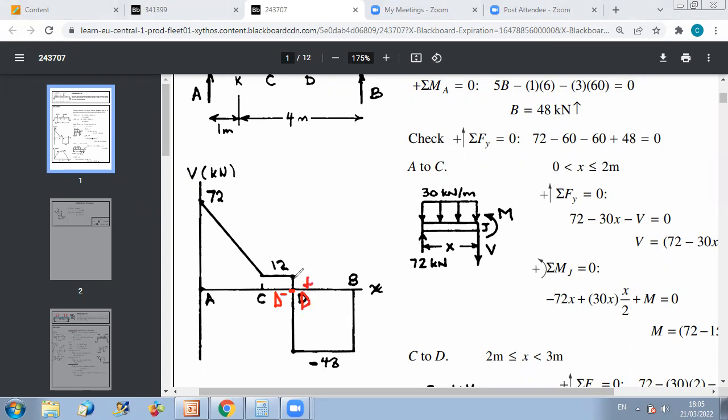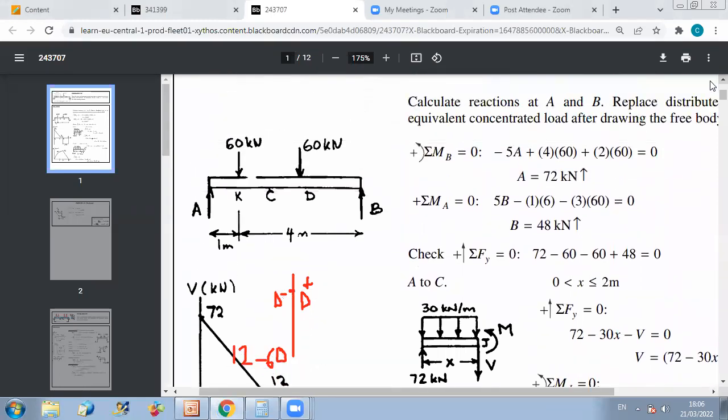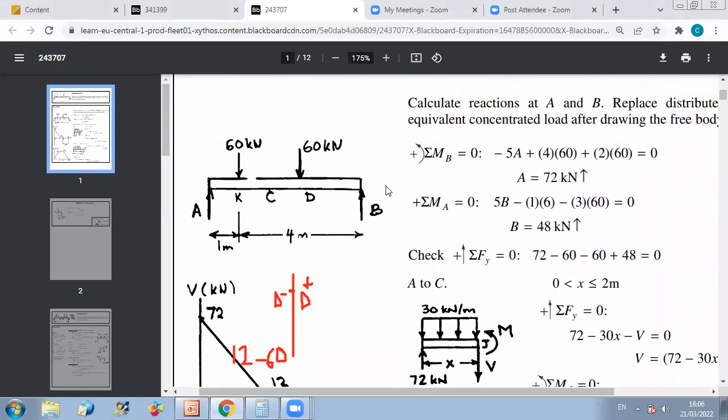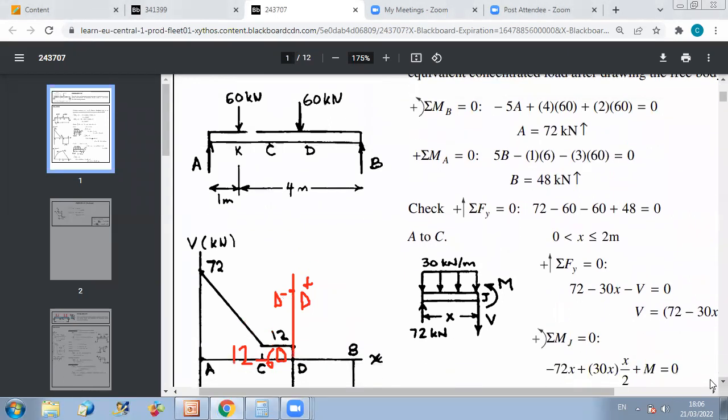So we have a sudden jump at D from 12 to 12 minus 60, which is equal to minus 48. And now from D to B, if you go back to the transverse load figure, you don't have any force between D and B. So your shear will be maintained constant until reaching B.